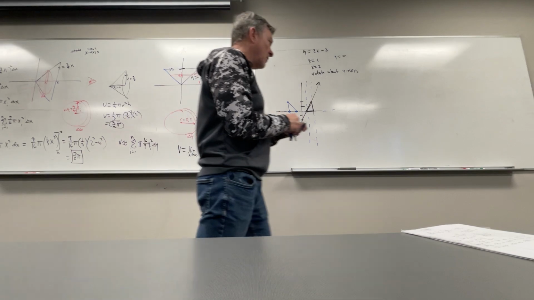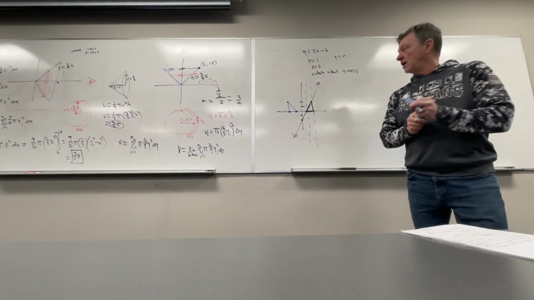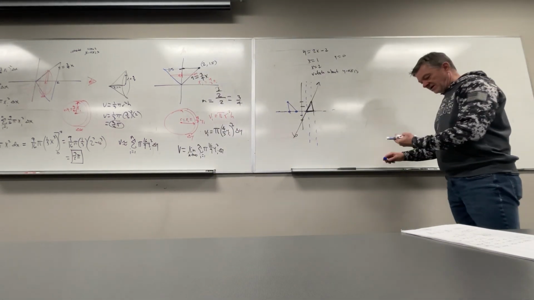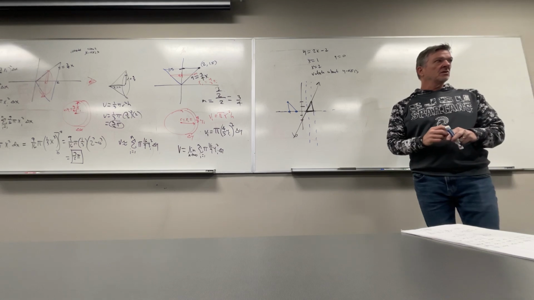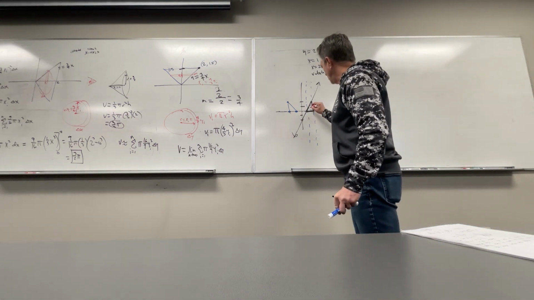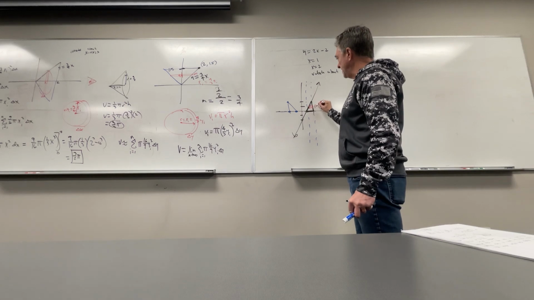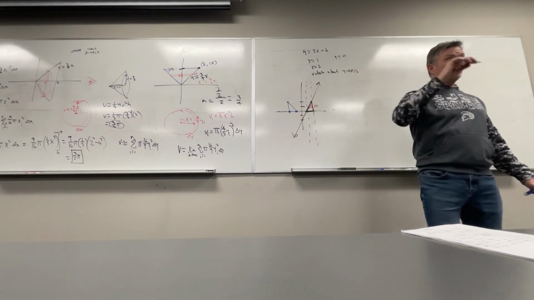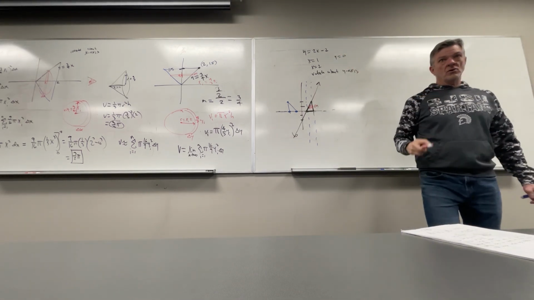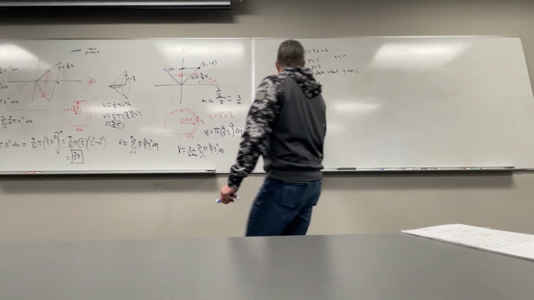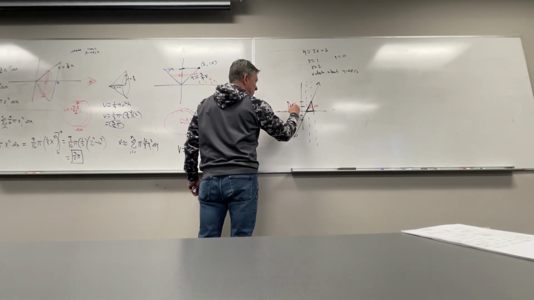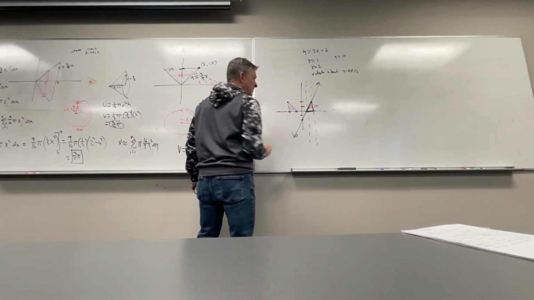Okay, so now let's make a representative rectangle. Okay, so right there, and that would be a delta y, wouldn't it? And up and down. Okay, now that after a half of a rotation would be over here.